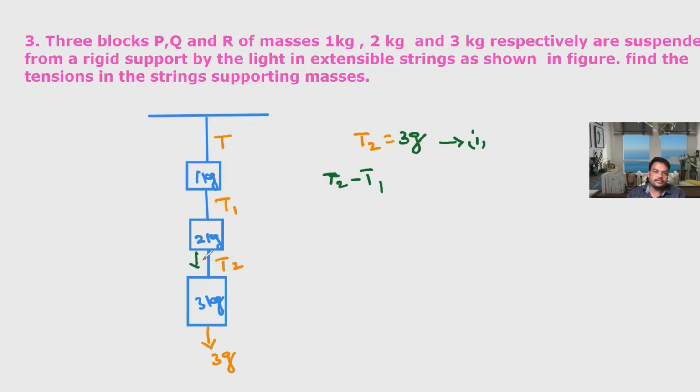The 2 kg weight 2g also acts downward. That is equal to 0 as the bodies are not in motion. Then T2 plus 2g is equal to T1. Equation 2.